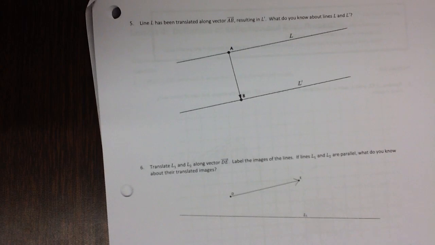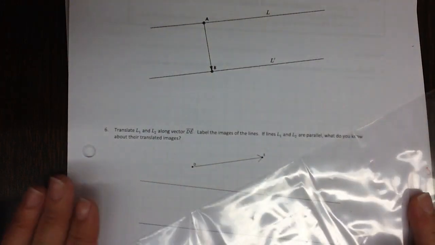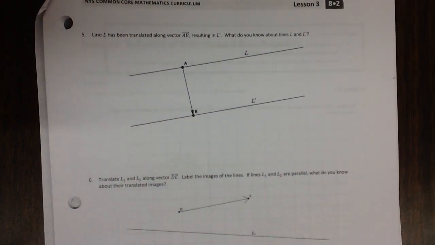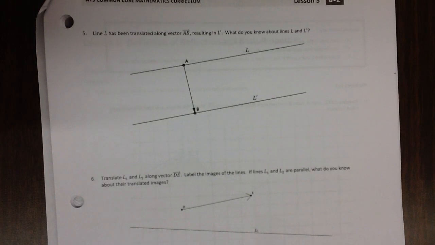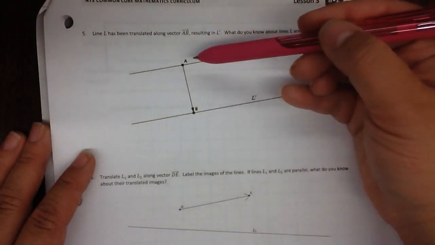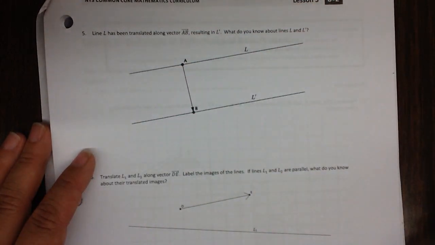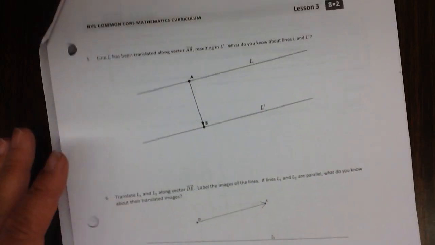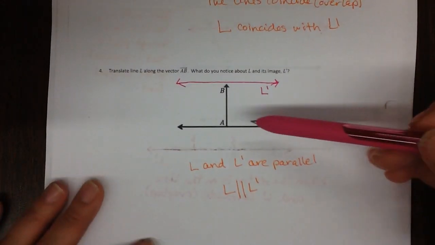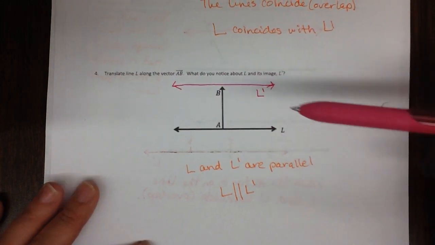Number 5. Line L has been translated along vector AB, resulting in L prime. What do you know about lines L and L prime? So we had this line, we used this vector right here to get L prime. So based on what we can see, and what we discussed over here, when we move it along the vector, it should be at the end of the vector.